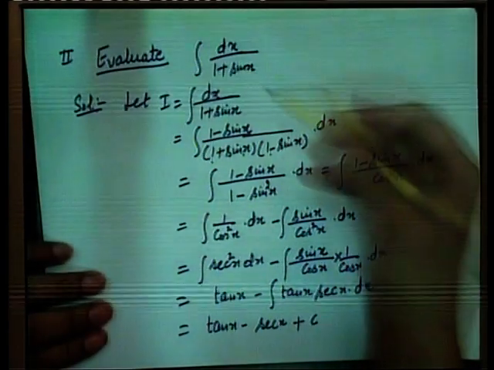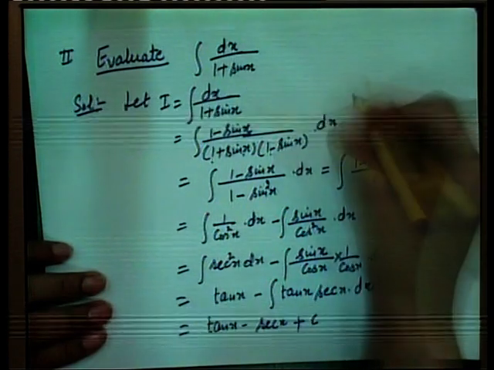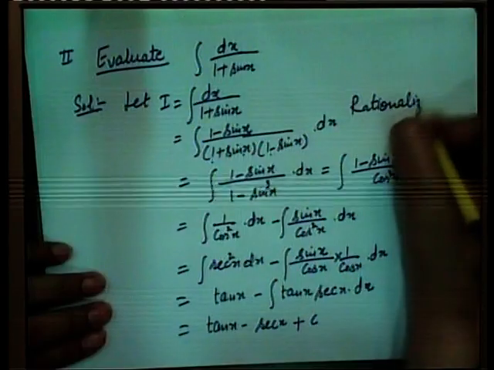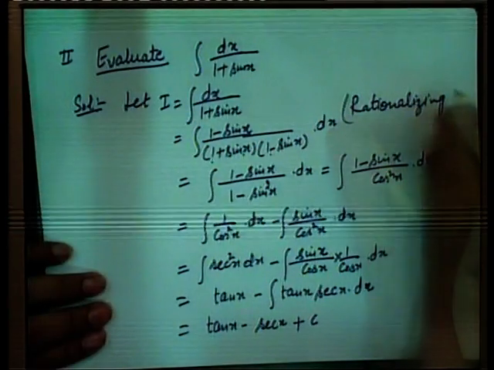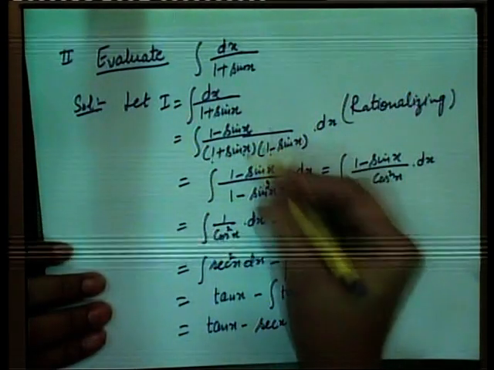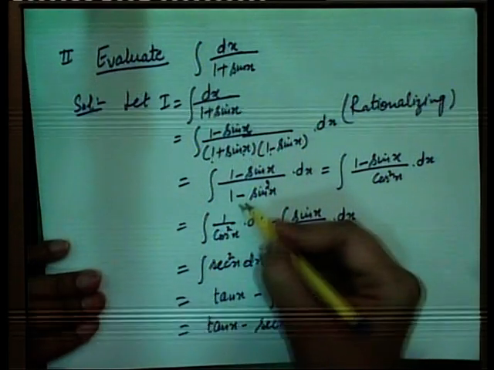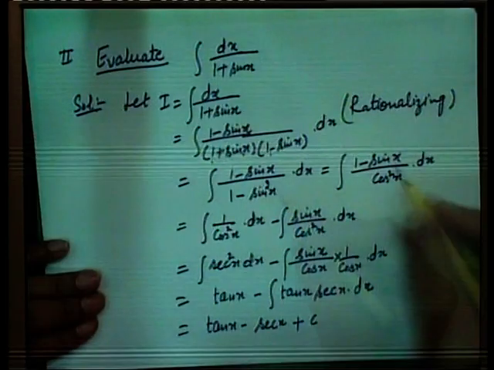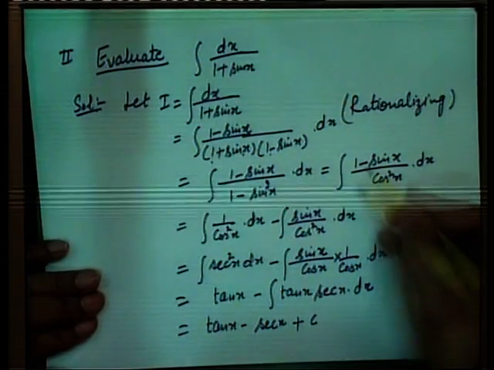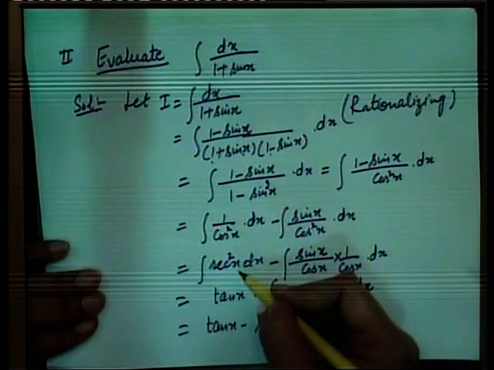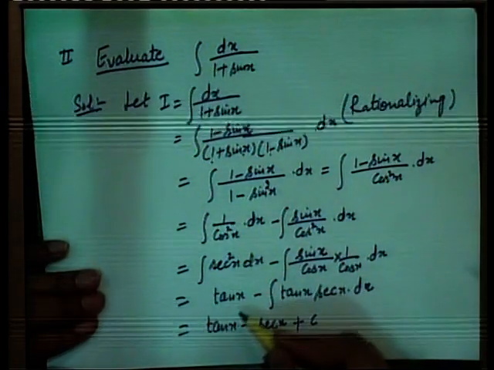Let us repeat the steps now. In the first step we had done rationalizing the term by multiplying and dividing by the opposite sign of what we have in the denominator. In the denominator we have 1 minus sin square x, that is cos square x. Then integrating term by term, the first term becomes secant square x, and the integral of secant square x we know is tangent x.